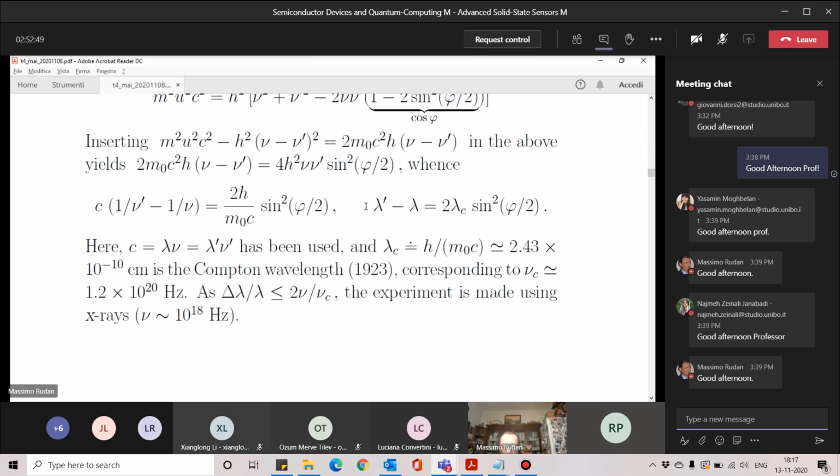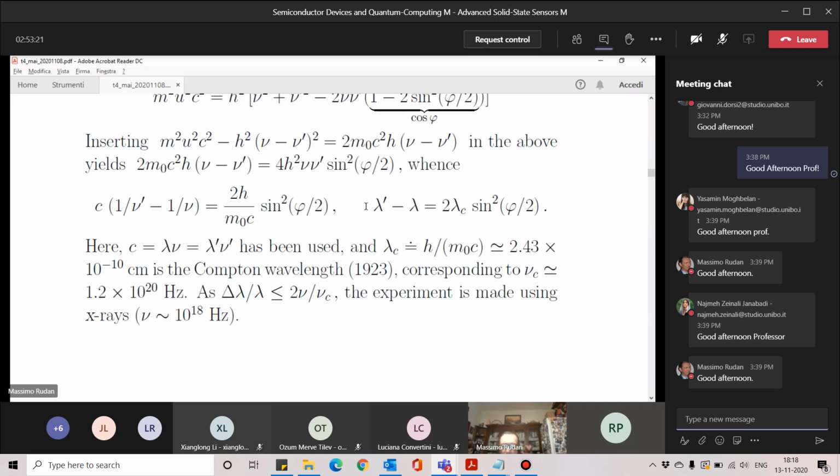Lambda c is h over the rest mass of the electron times the speed of light. It is called the Compton wavelength. As you can see, it is rather short. It's some units of 10 to the minus 10 centimeters. This Compton wavelength multiplies the square of the sine of phi half.